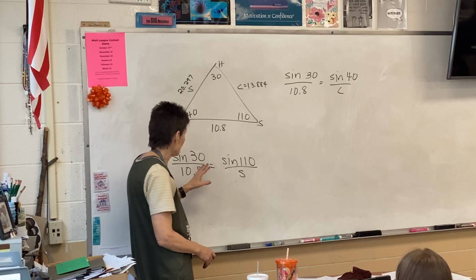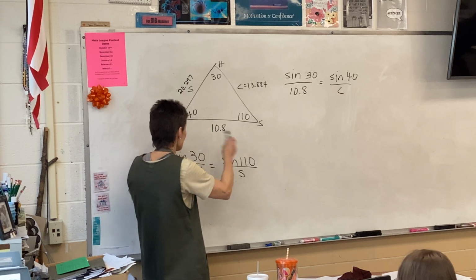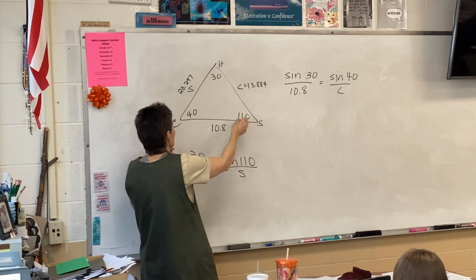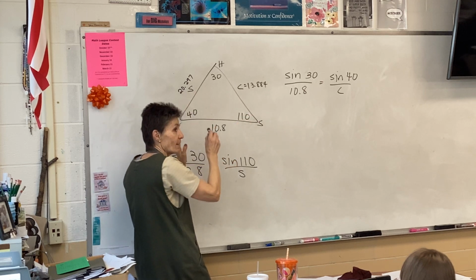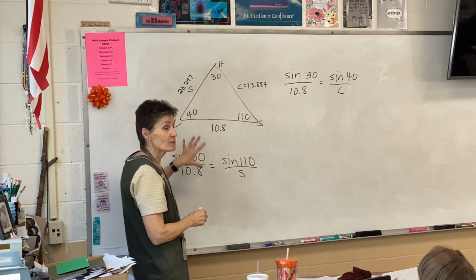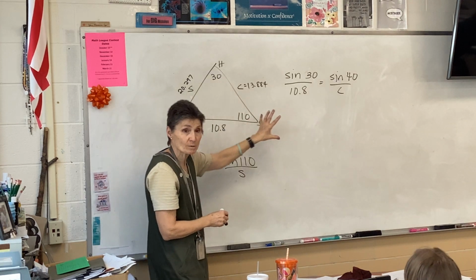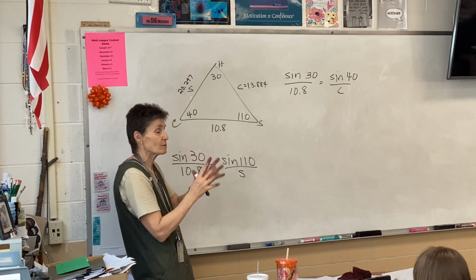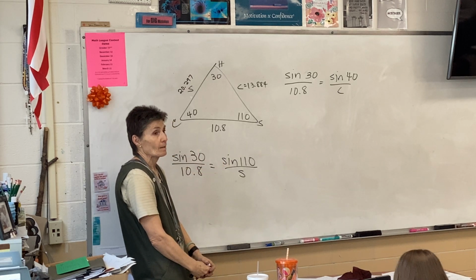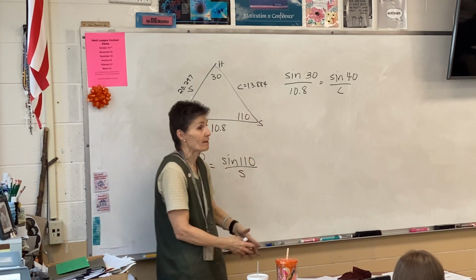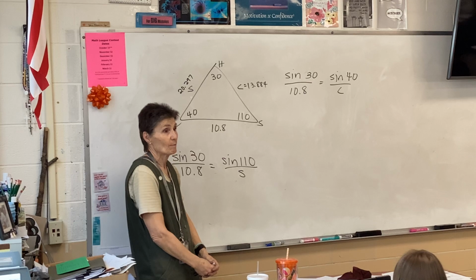Once I found this one first, I wouldn't wanna use sine 110 over 20.297, because that has been rounded. Always use the given if you can. There might be a problem down the road where we can't, but use the given if you can. All right, so I got 20.297 and 13.884, what about you? Everybody good on that?